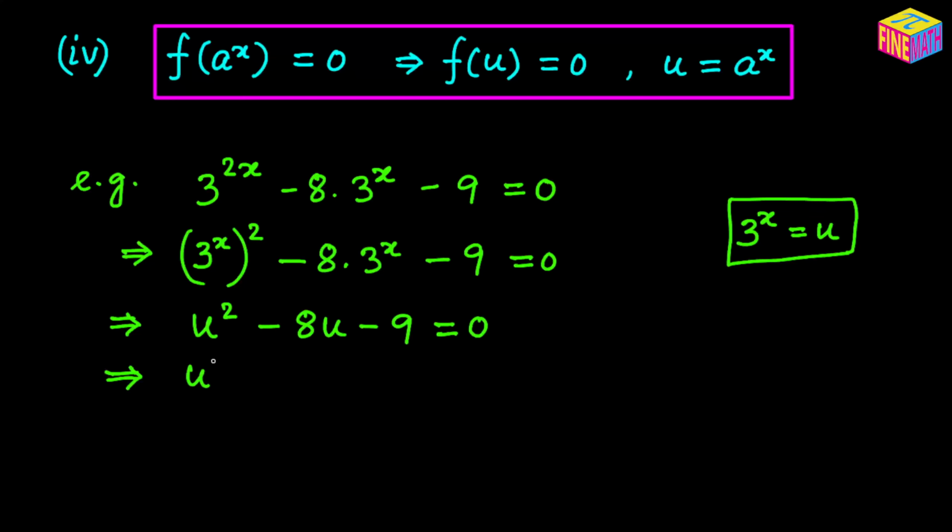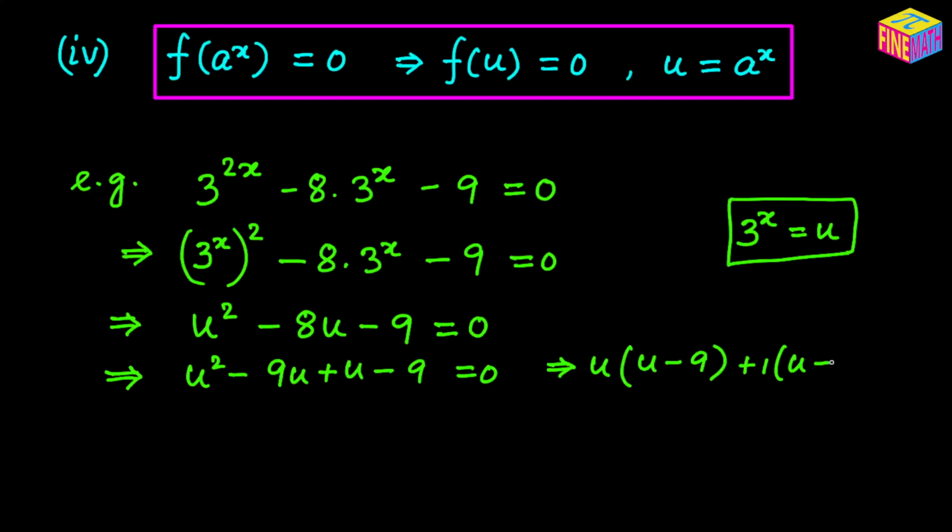So this would be u squared minus 9u plus u minus 9 is equal to 0, and from here we can say that, okay, take u as a common factor, then we have u minus 9 and then plus 1 times u minus 9, and all of that is equal to 0. And then from here we get that u minus 9 as a common factor times u plus 1 is equal to 0, and from here what do we get?